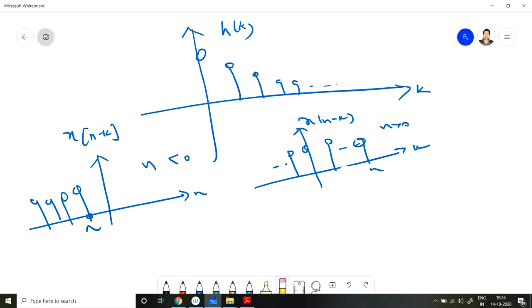Basically this is a purely anti-causal signal, and this one is a non-causal signal. So this is x[n minus k] when we have n greater than 0. Let it be figure 1. Now if we compare these two figures, then for n less than 0 they are not overlapping.